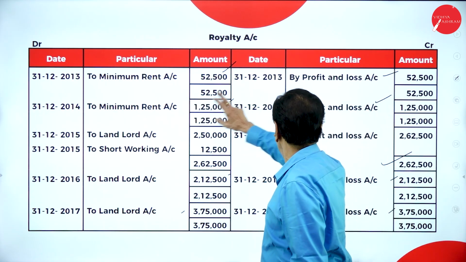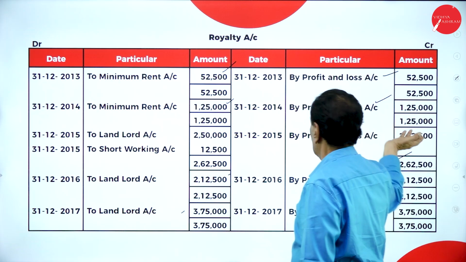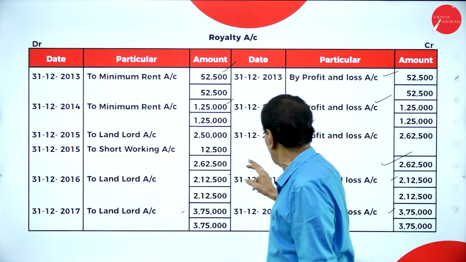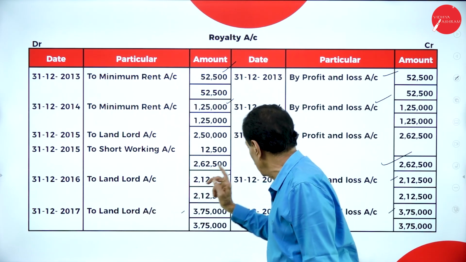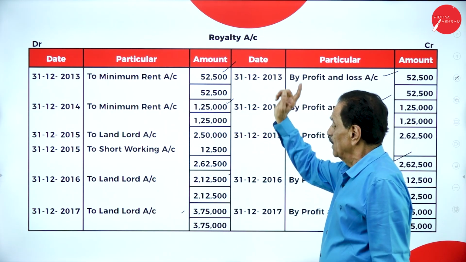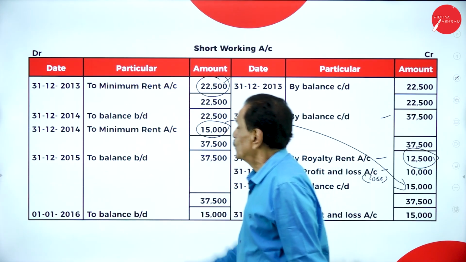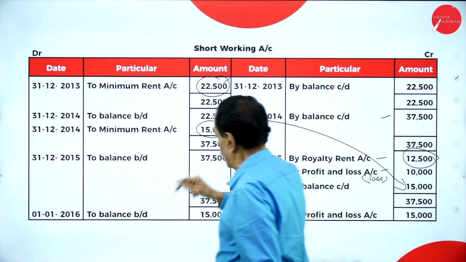Royalty to minimum rent by profit and loss account. Next, royalty to landlord to short working by profit and loss account. Royalty to landlord by profit and loss account, transfer entry. Short working to minimum rent by balance carried down, brought down.